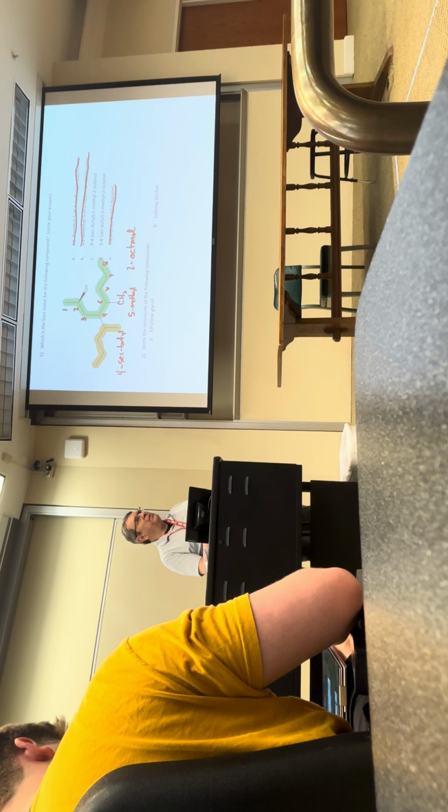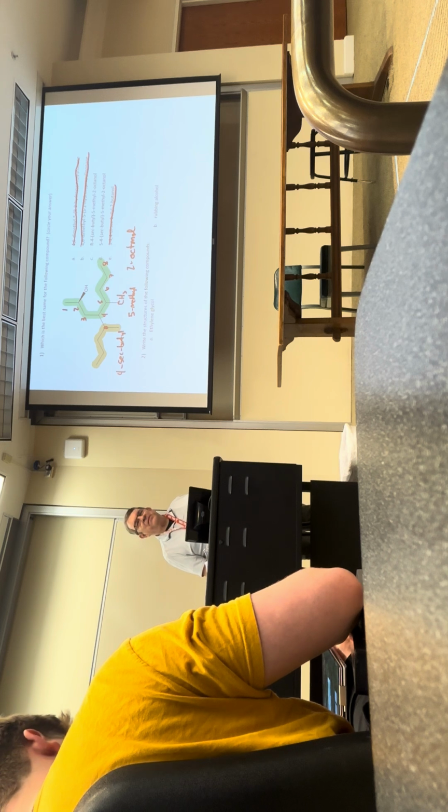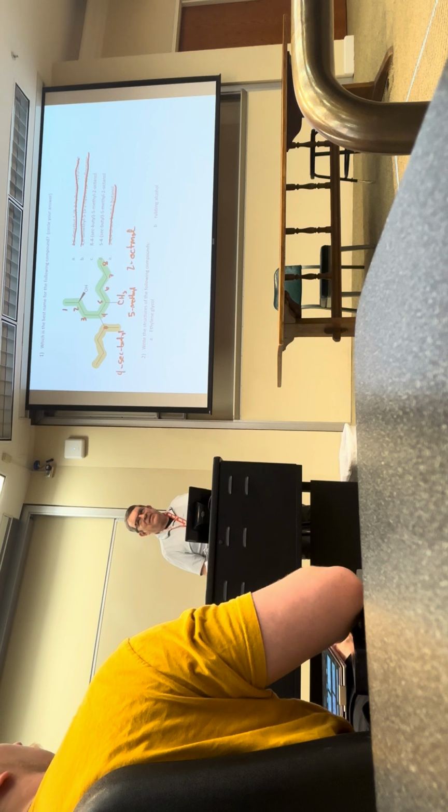Sec-butyl, it's a 4-carbon, it's basically a butane, but it's attached on a carbon 2, which is a secondary carbon instead of the primary carbons on the end. If it's on one of the ends, it's just a butyl substituent.